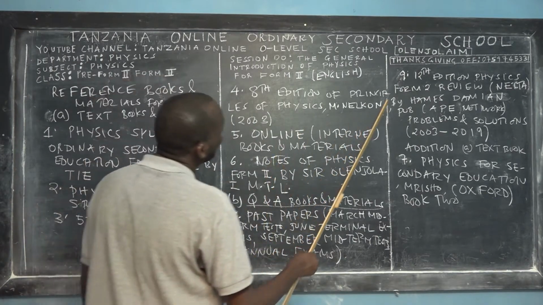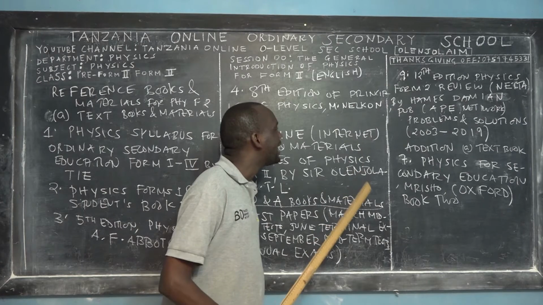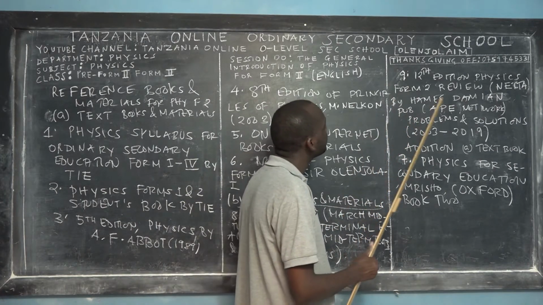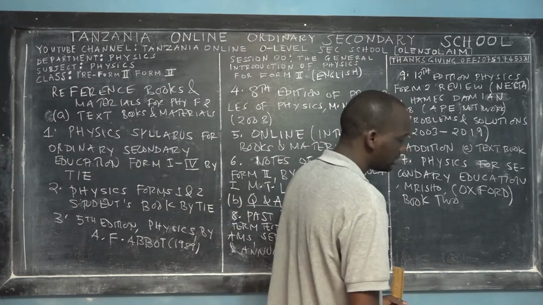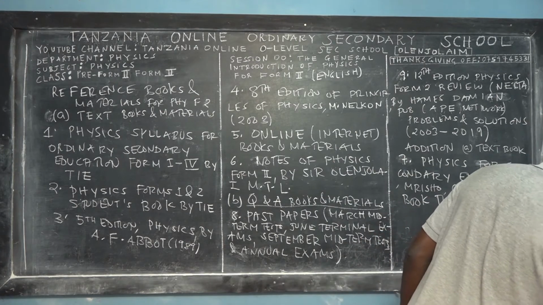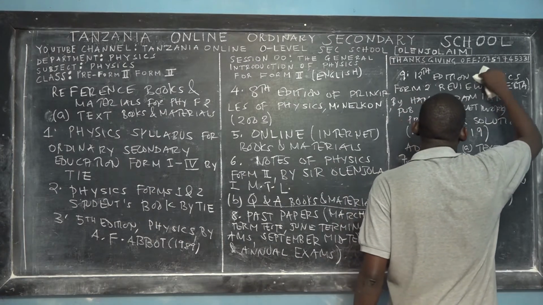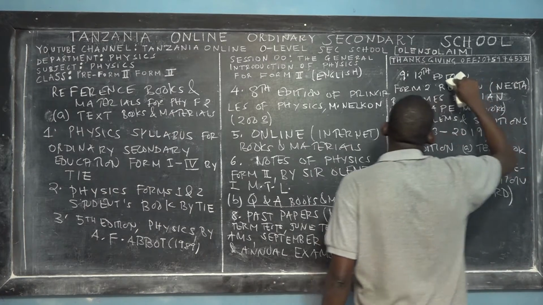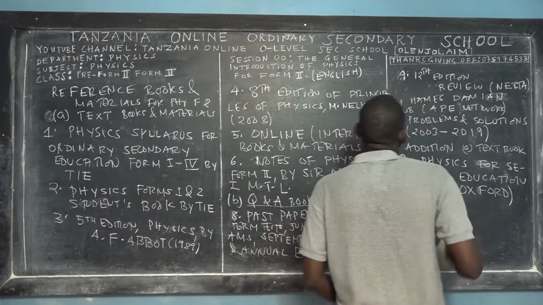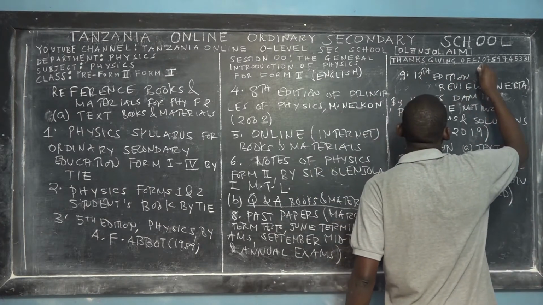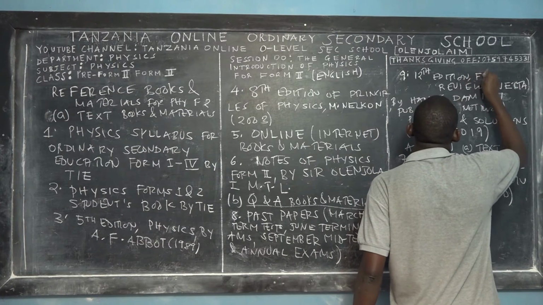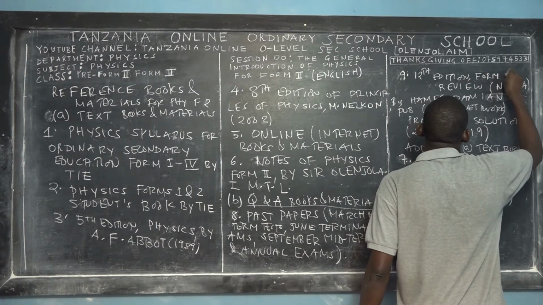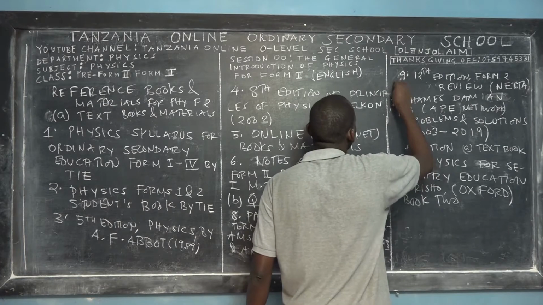Okay, so the second question and answers book is called the 12th edition. Let me make a minor correction according to the name of the book. This is Form 2, 12th edition, Form 2 Physics Review.